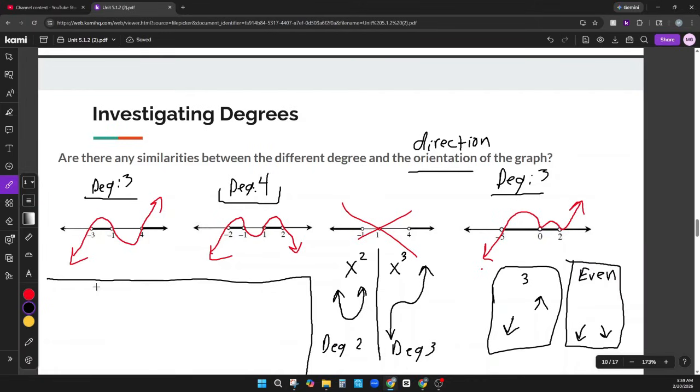So that's one takeaway we could take: when we have an odd degree, we start and end in opposite directions, one positive, one negative.